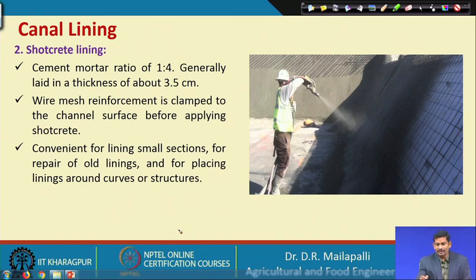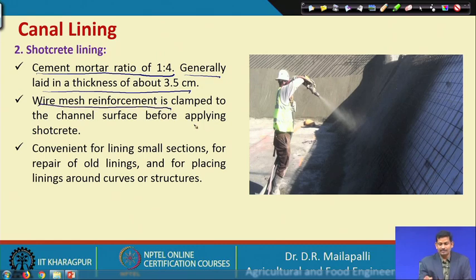In case of shotcrete lining, if there are some patches on the surface, the shotcrete lining can be used. Here, in this case, basically cement mortar of the ratio 1:4 is being applied at a thickness of 3.5 centimeter on the walls, but before that a wire mesh is reinforced.